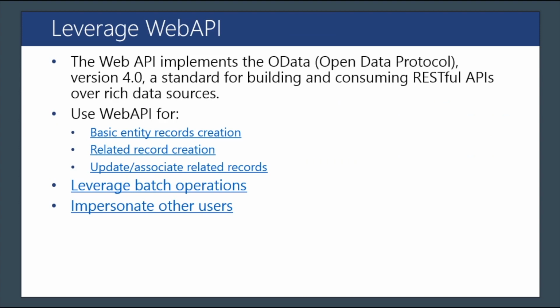And then just introducing a little bit already the recommended practices on the web API. I mentioned it earlier already. Several customers have used third-party tools with very good results.